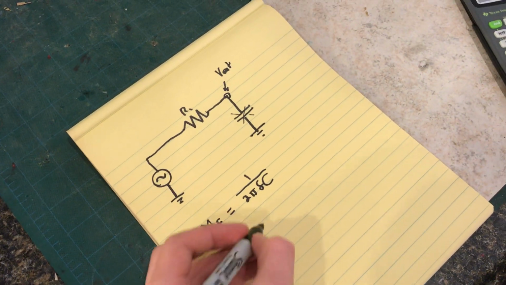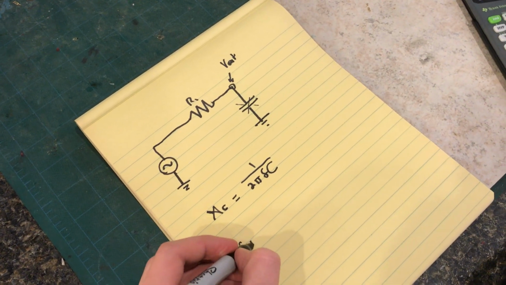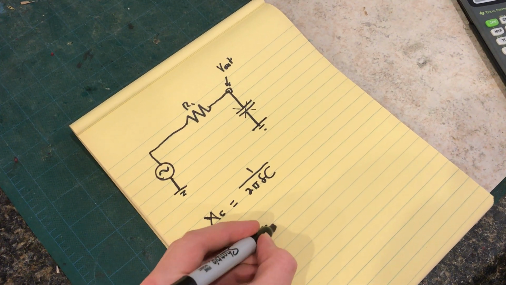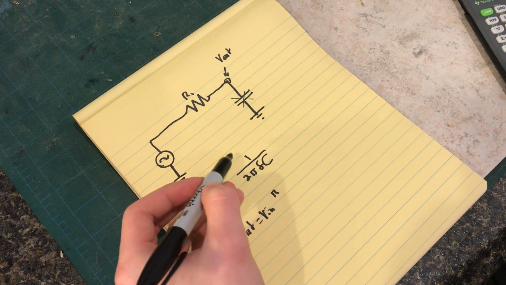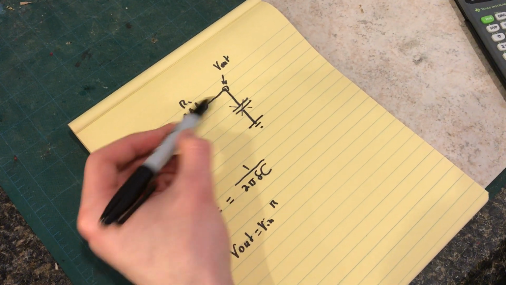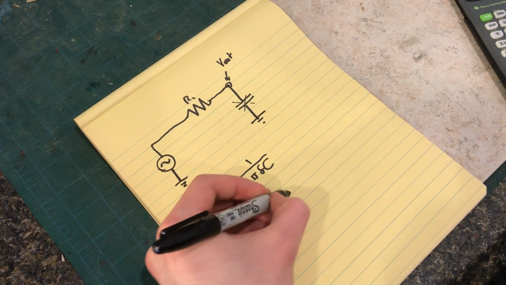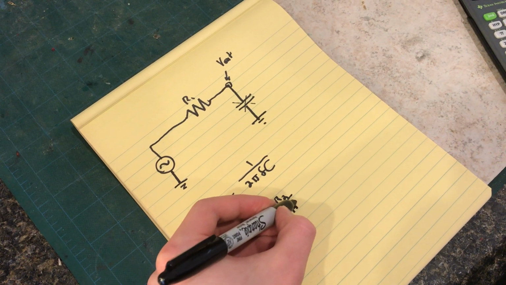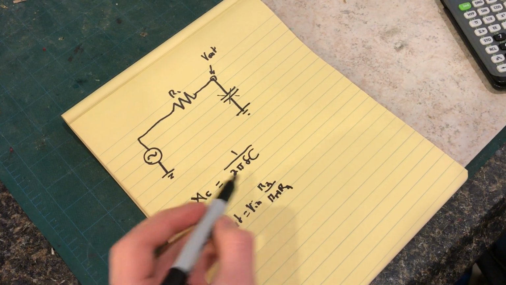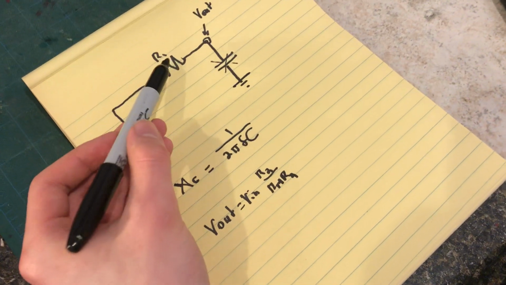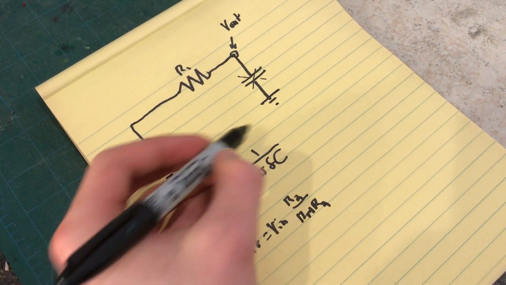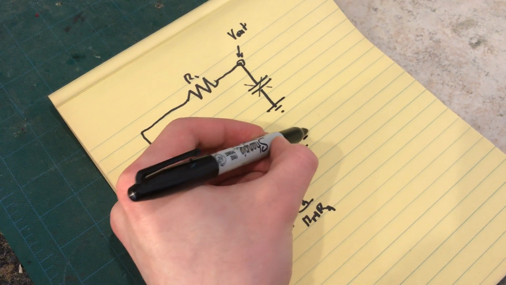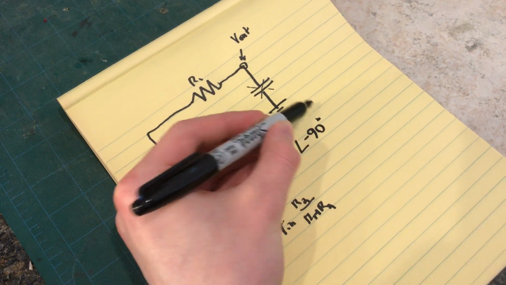The voltage divider is V out equals V in times R, if this were a voltage divider with 2 resistors, that would be R2 over R1 plus R2. Now, we can't just say R1 plus R2 because the reactive impedance is actually at negative 90 degrees, so it's a vector.